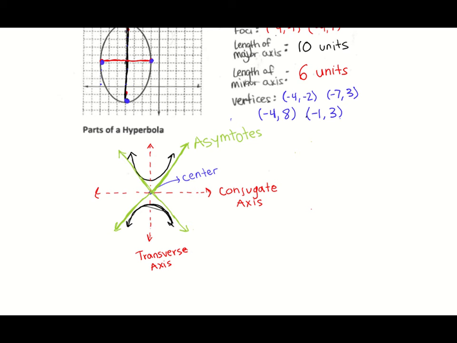Okay, and then the next part I'm going to label is the focus of the hyperbola. And again, all you need to know about the focus, sorry, not parabola, I keep saying parabola, hyperbola. The focus of my hyperbola is right here.